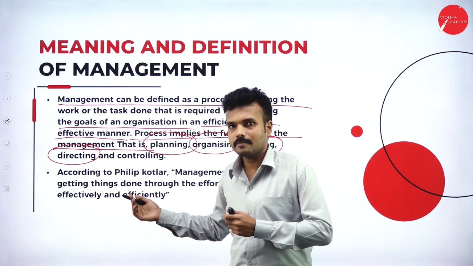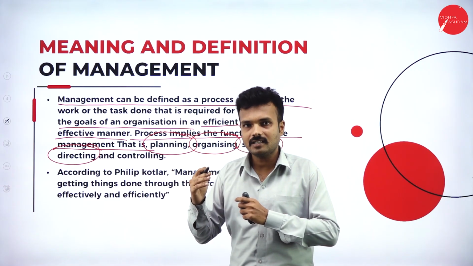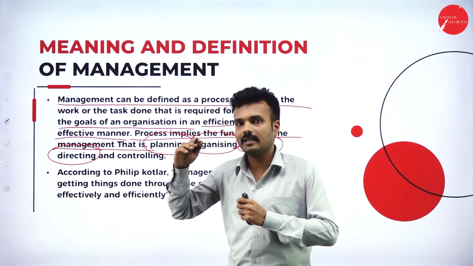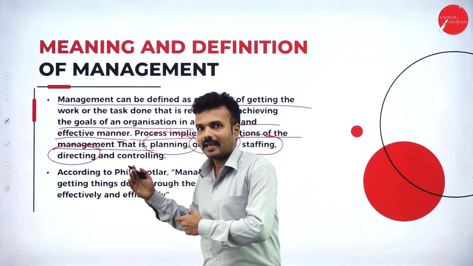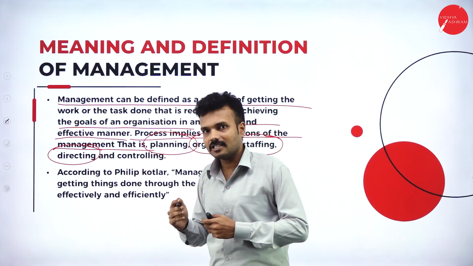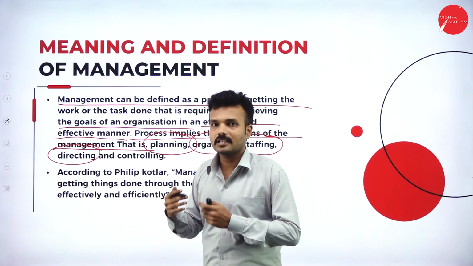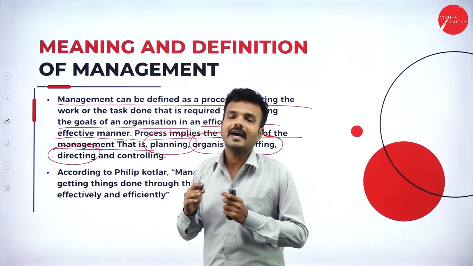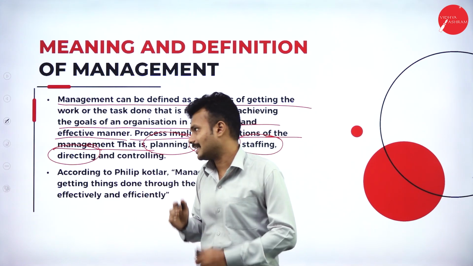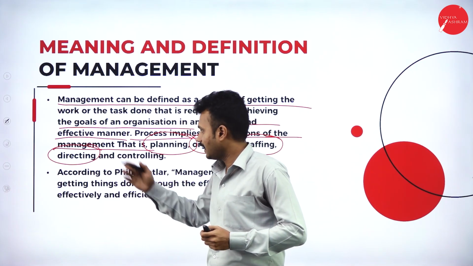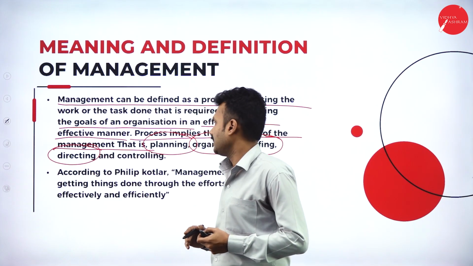Hence, in the management, there must be a direction from the person which we call him as a manager. So, in the process of management, there must be a direction from the superior officer or the superior person who has experience in that particular field or the sector. Hence, we can say that directing is a function of management.